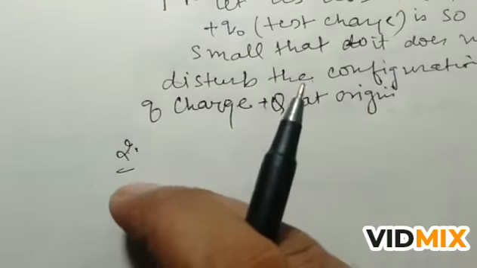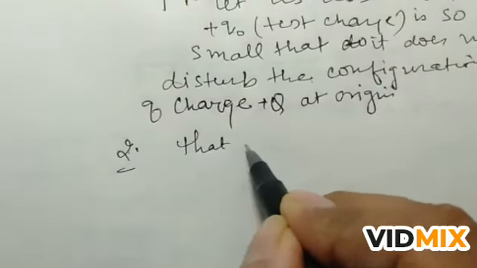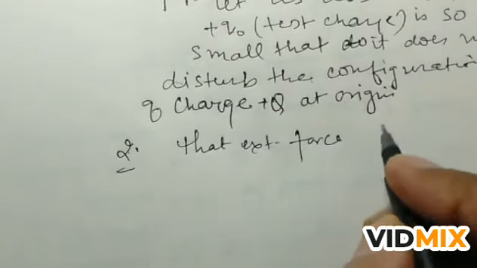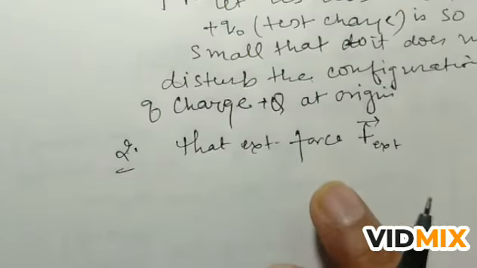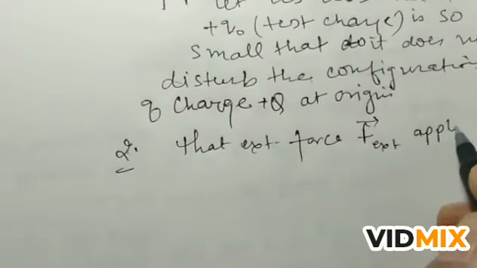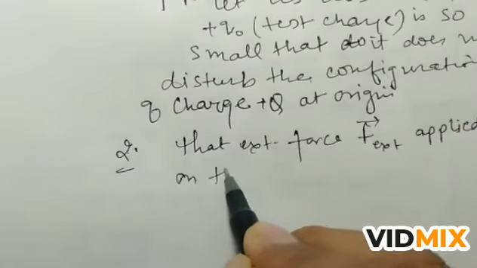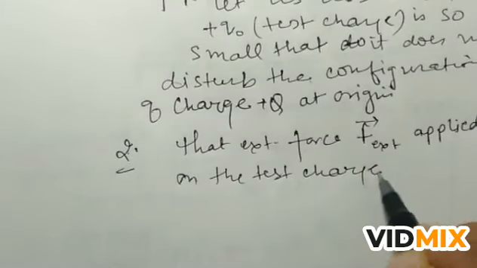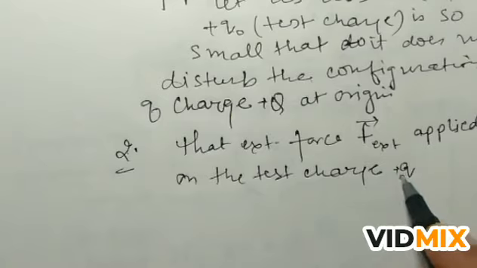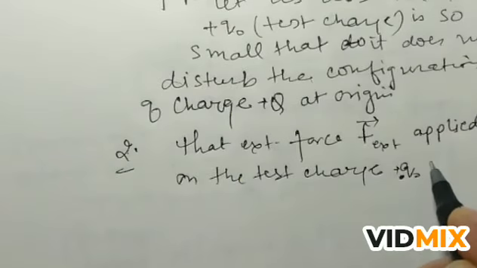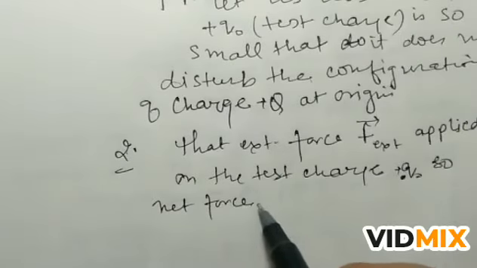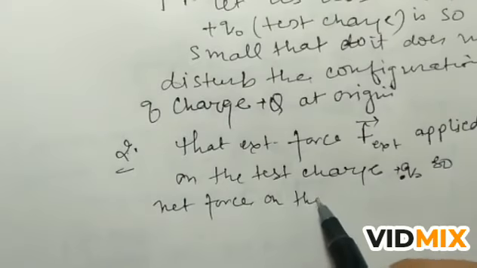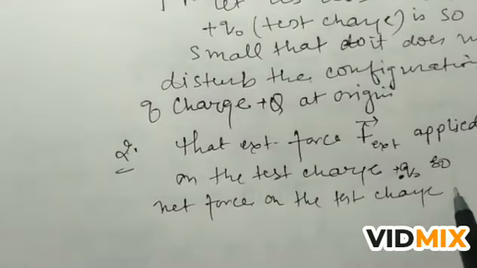The second assumption is that the external force we are applying on the charge, F external, which is a vector quantity, applied on the test charge plus q naught, is such that the net force on the test charge is 0.